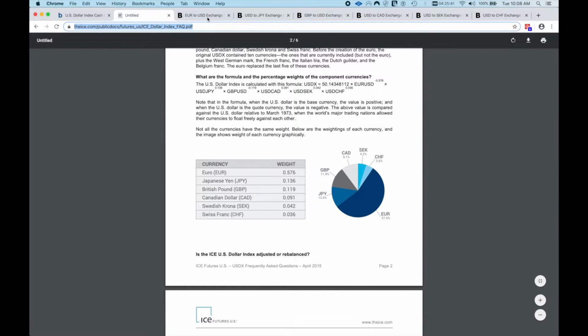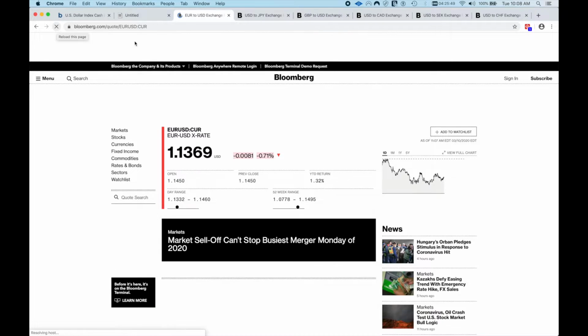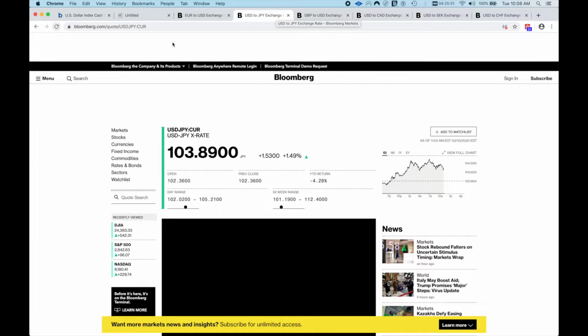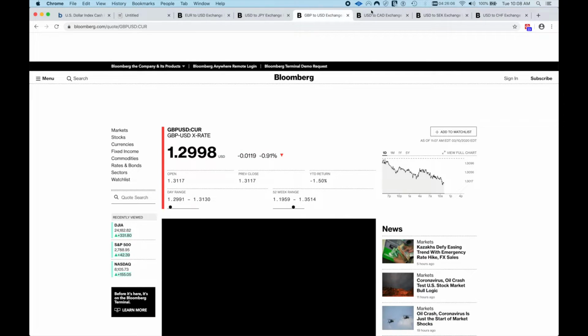Now let's take a look at where each of these are at. You're going to go euro to USD, which is at 1.1372. Let's refresh this just to be a little more accurate. The USD JPY 103.89 or 103.93. The GBP USD, that's the British pound, that's 1.3004 or 1.2998.